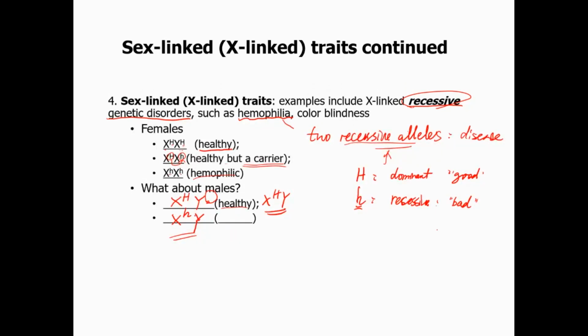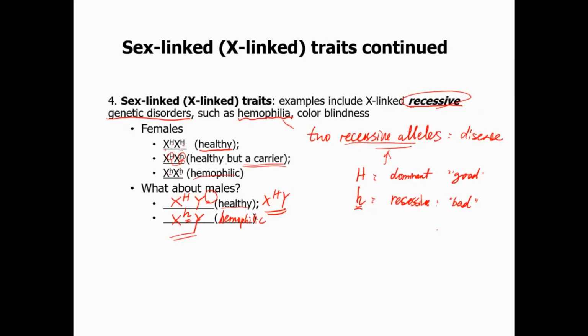Hemophilic, right? Because it's a recessive genetic disorder, and you can have the disease if you only have one recessive allele, because in this case, there's no dominant allele to mask it. So if you have one recessive allele and no dominant allele, you can also be sick. In this case, the male is hemophilic.